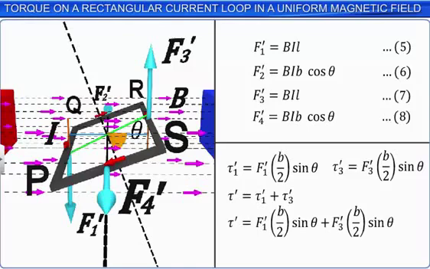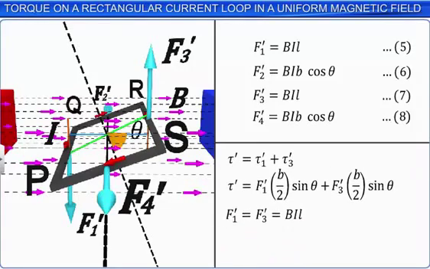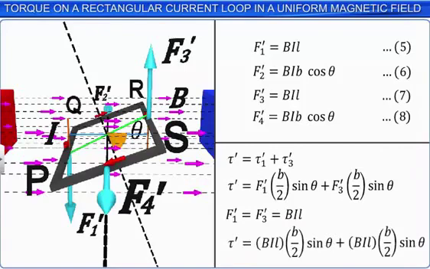But F1' is equal to F3', and both are equal to BIL. Then, T' is equal to BIL b by 2 into sin theta plus BIL b by 2 into sin theta.